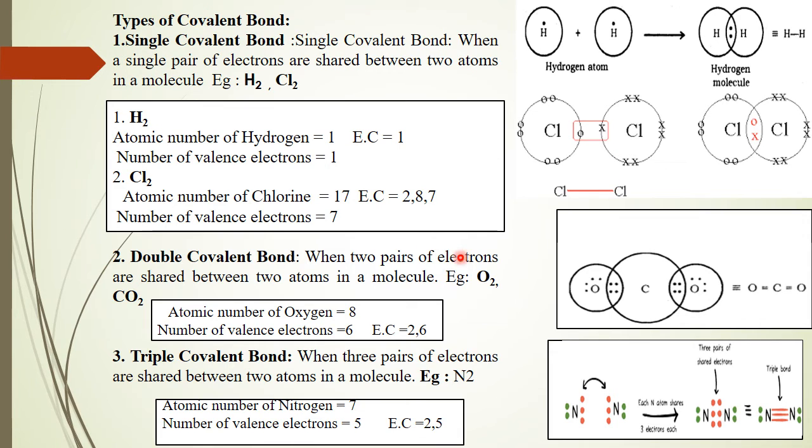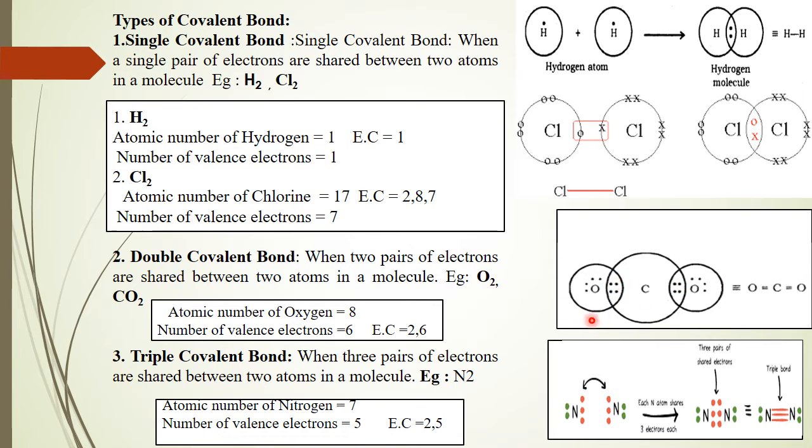Double covalent bond is when 2 pairs of electrons are shared between 2 atoms in a molecule. Oxygen we have discussed in the previous slide. Now I'm giving another example, carbon dioxide. Oxygen has 6 valence electrons, electronic configuration 2, 6. So 2, 4, 6, and carbon has 4, so it has shared 2 electrons here and 2 electrons here.